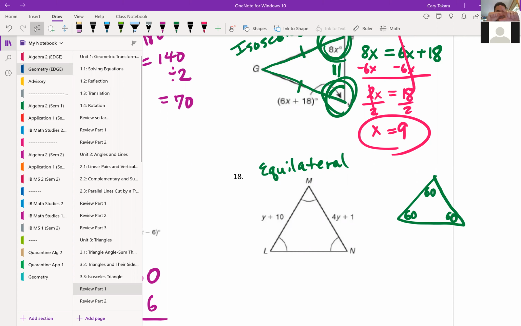All the angles are the same. And then all the sides are also going to be the same. All three sides are equal. Very good. That's right, Logan, thank you. In other words, this side should be equal to that. This side should be equal to that.